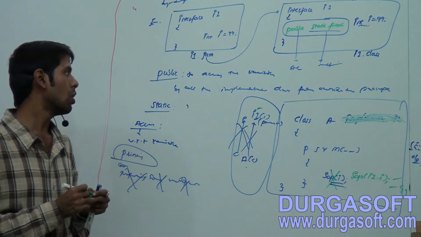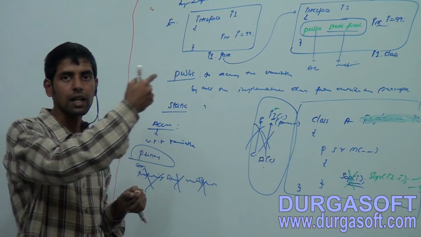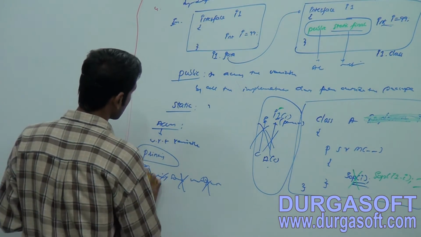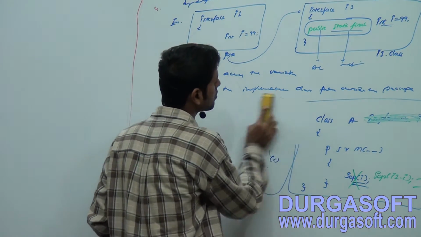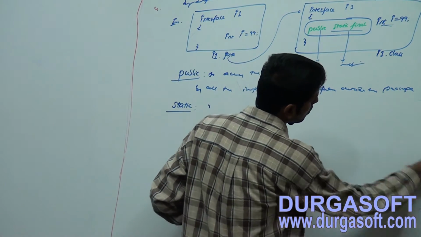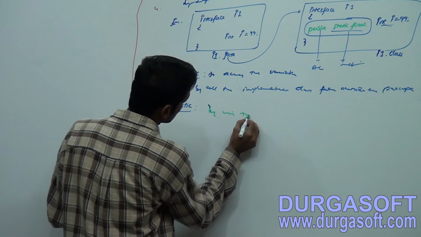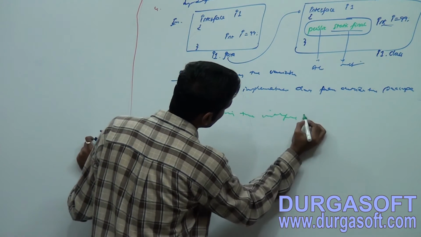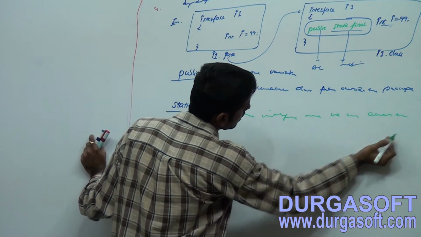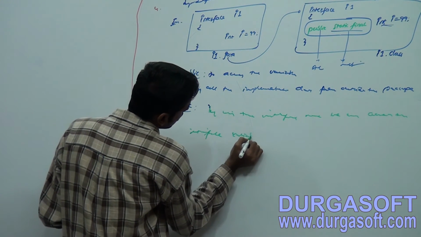99. So what is the main advantage of static? By using the interface name we can access the interface variables.